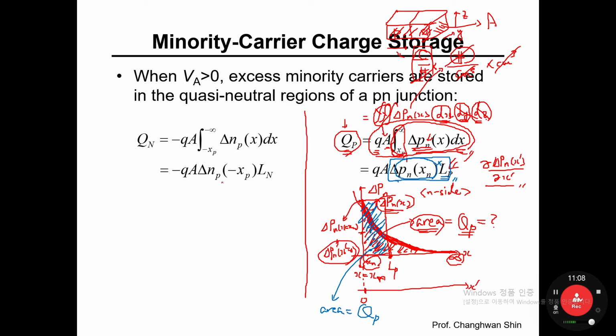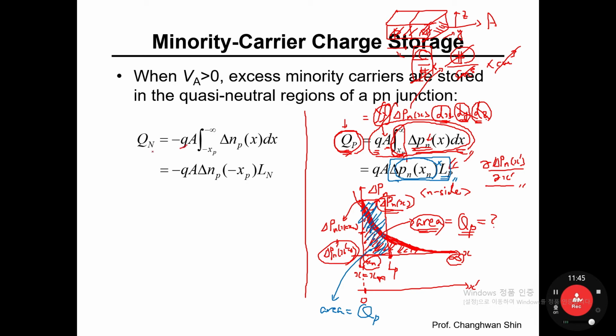So we have written down the equation for Q sub P, which indicates how many holes are stored in the n-side quasi-neutral region under forward bias. Similarly, because this is a p-n junction diode, the electrons coming from the n side and injected into the p side would also be derived, and everything would be the same as what we have learned for the n-side quasi-neutral region.